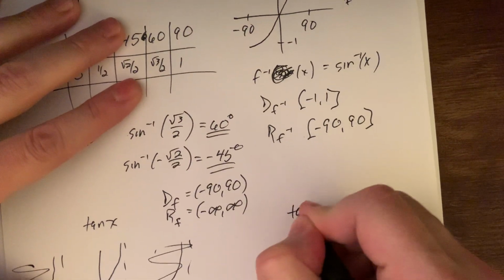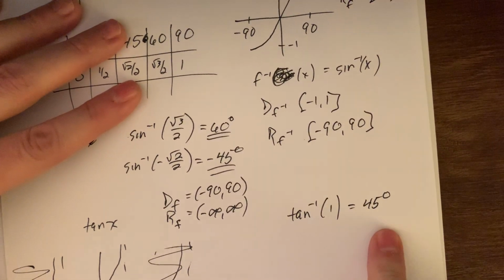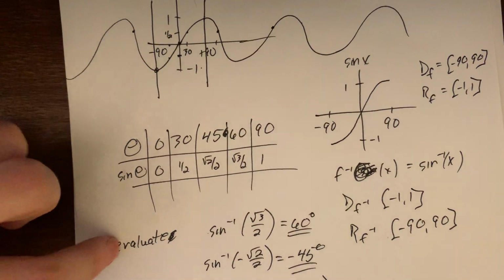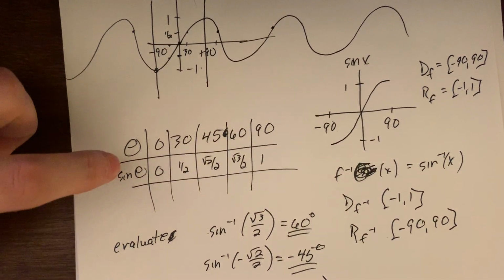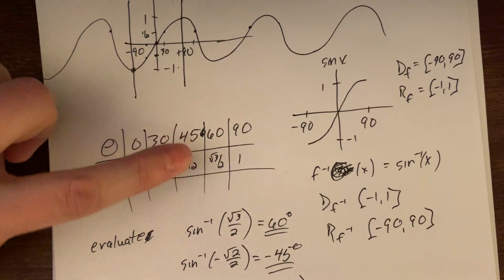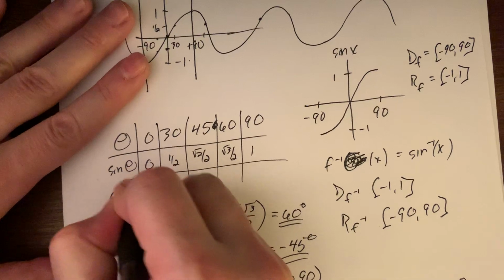If I want inverse tangent of 1, that will be 45 degrees. Again, work on your chart a little bit, right? Fill in cosine, think about tangent. When do you do sine divided by cosine and get 1? It'll happen at 45. Sine and cosine have the same value there.